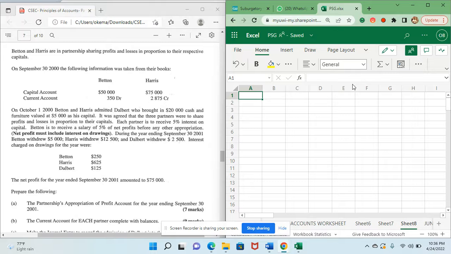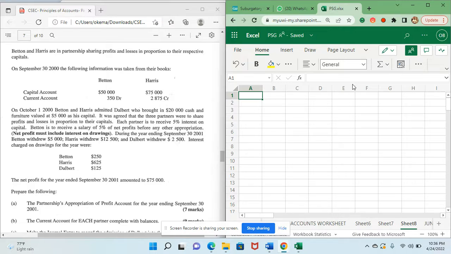Generally we put ourselves in the shoes of the owner because we see the owner and the business as one entity. However, now that we move into partnership accounts, we need to see the business and our partners as two separate entities. This is one of the most distinguishing features of partnership accounts.